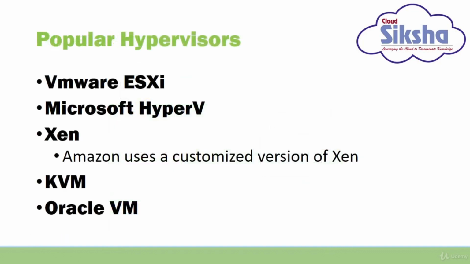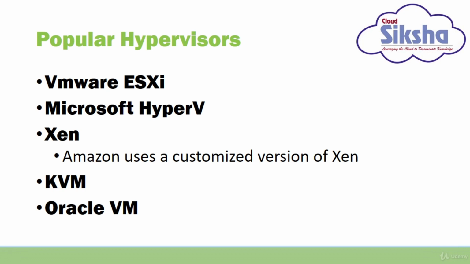Now, let us see what are the popular hypervisors that are used in the market. VMware is one of the leading companies in this space, and their hypervisor is called ESXi. Microsoft also has a hypervisor. This is known as Hyper-V.